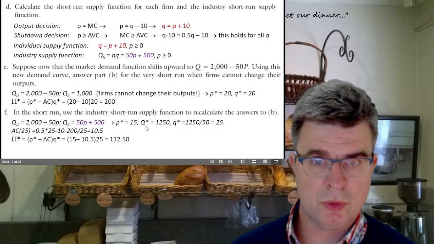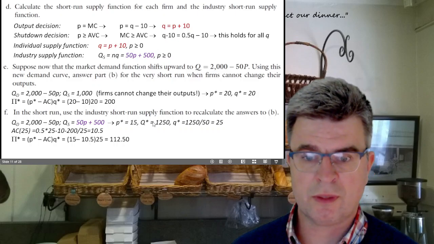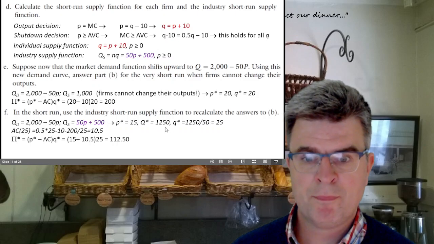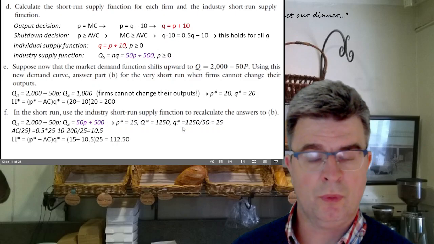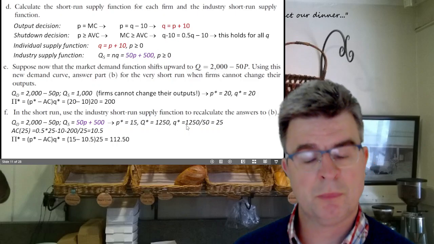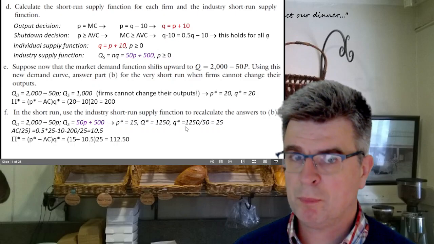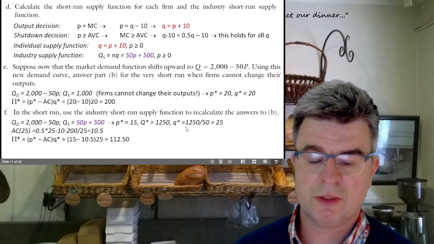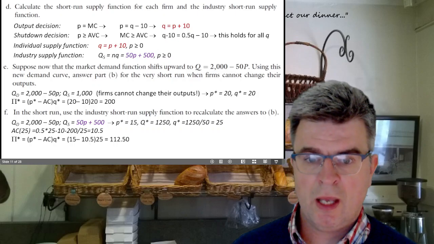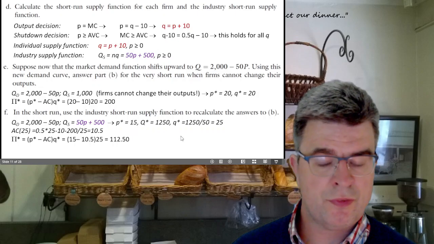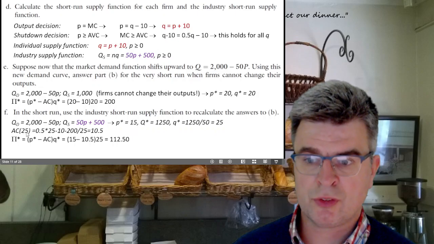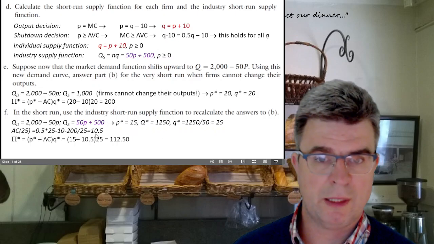Total quantity produced by the 50 firms that are active in the industry is 1250, and each individual firm will not supply 20 units, but now supply 25 units because the price has increased, making it more attractive to increase supply. At the price of 15 and a quantity of 25, the average cost of the firm is equal to 10.5.